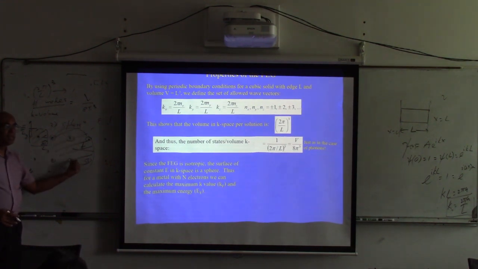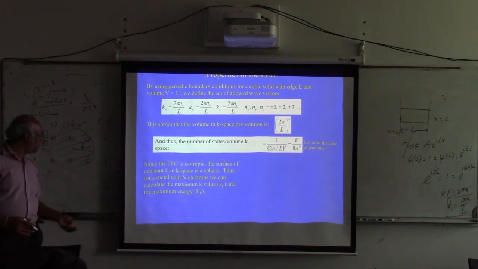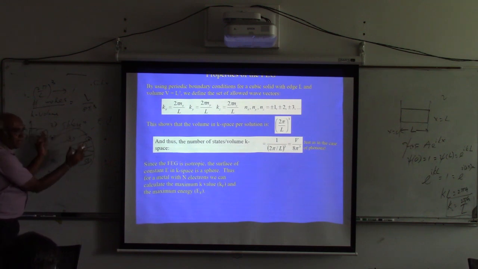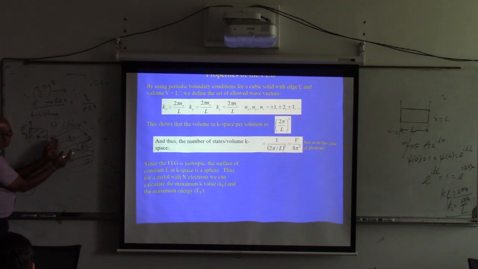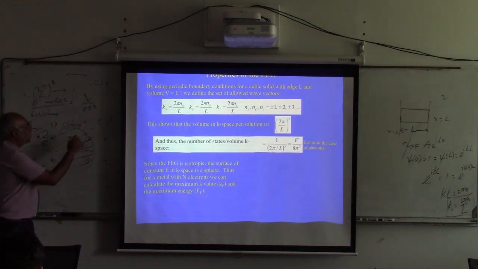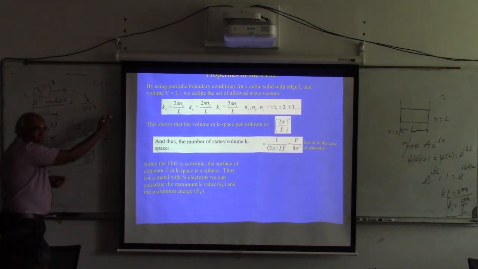When we do this in metals, we have a very special k value we call the maximum k value that defines this sphere surface. Within that surface, all the states are occupied by electrons, so all these k points have electrons. Nothing beyond that is filled with electrons.